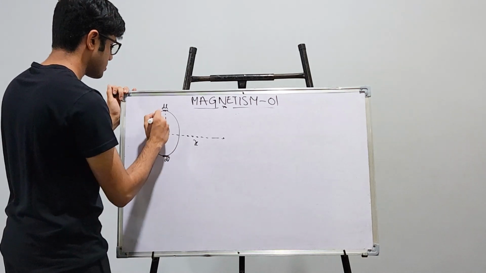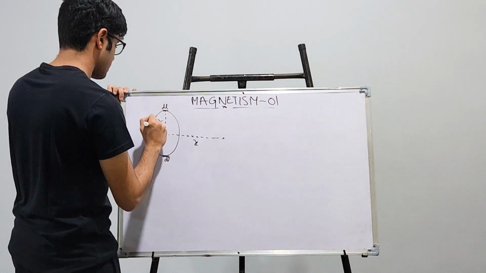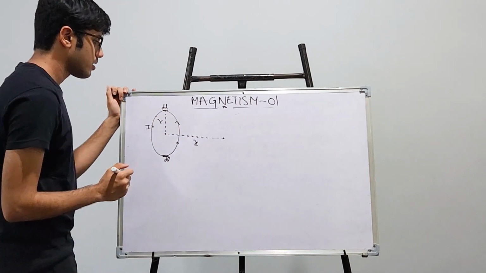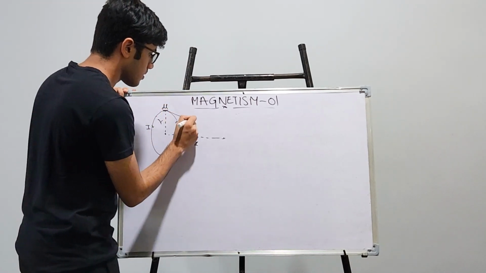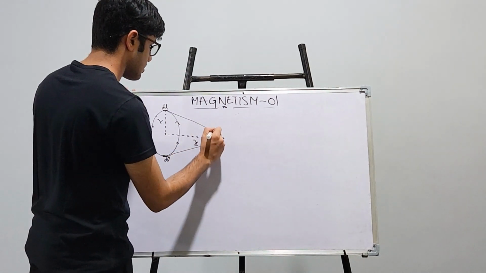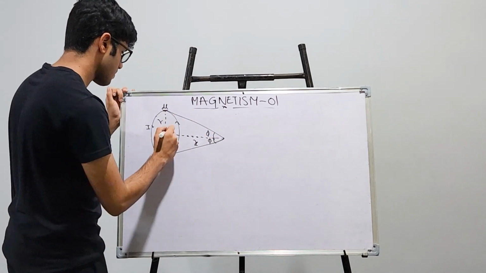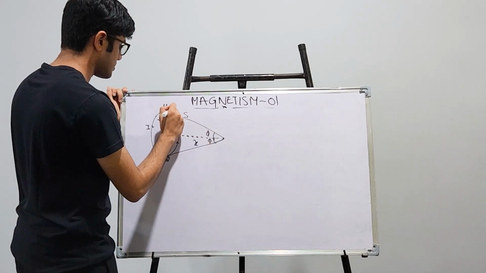The current is, let's say, flowing in this direction. Now let us say this angle is phi. Let us call this distance x. Let's say this is theta.